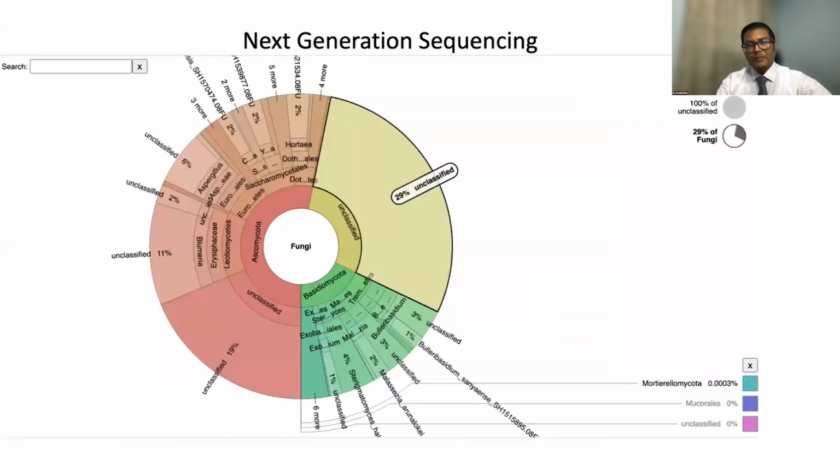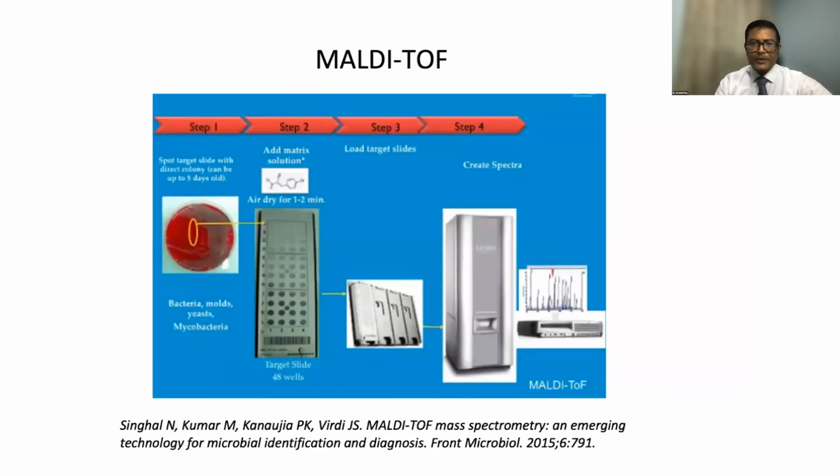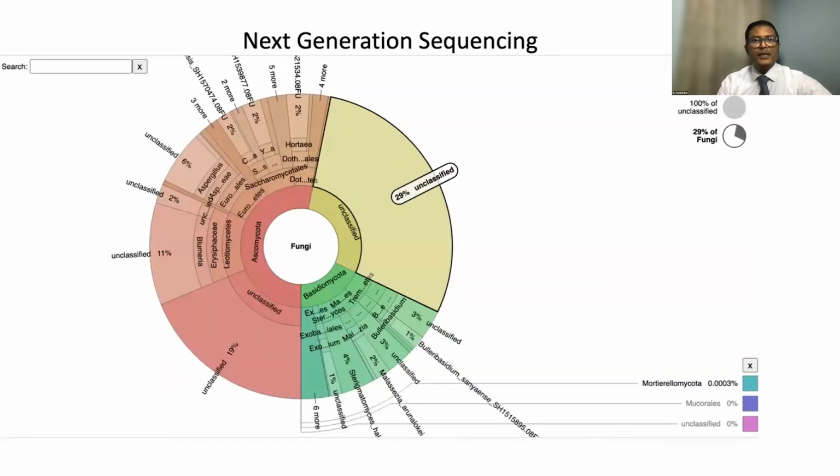Then what's next is the MALDI-TOF. This uses mass spectroscopy, and that helps in identifying organisms. And next is the NGS, next generation sequencing. This is analysis of the ocular surface microbiome. This tells us what are the different types of genus and species that are present on the surface, and it is a very sensitive test.